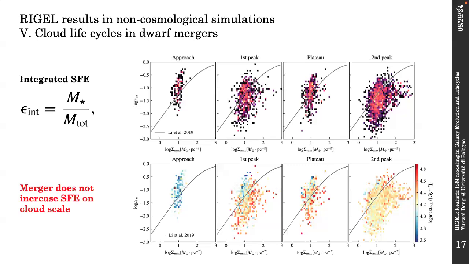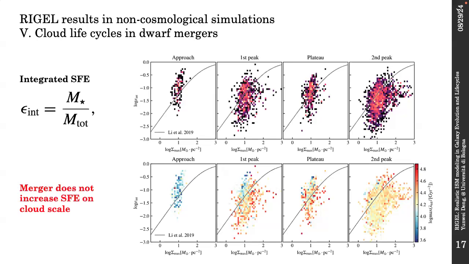It's a positive relation, and it saturates at very high density. But what I found is that in the approaching stage, which is more isolated, and in the merger stage, there is no significant difference in this relation. The distribution of SFE on this plot is the same. So we can say that the merger does not enhance the star formation efficiency. Especially, you can see here some very dense gas clouds in this figure, but they do not have a very high star formation efficiency.